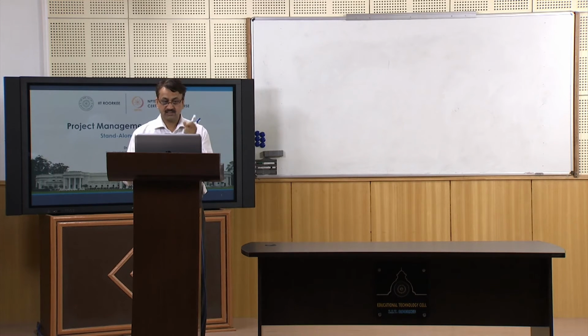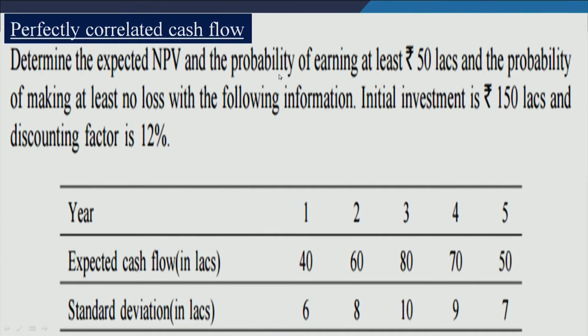So the question is like this: determine the expected NPV and probability of earning at least 50 lakh and probability of making at least no loss with the following information, right. And initial investment is 150, discounting factor 12%, right.